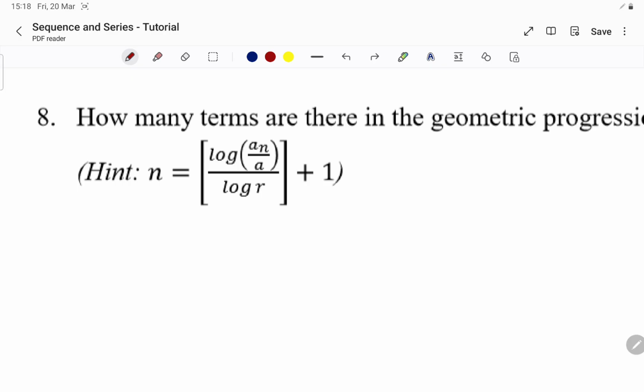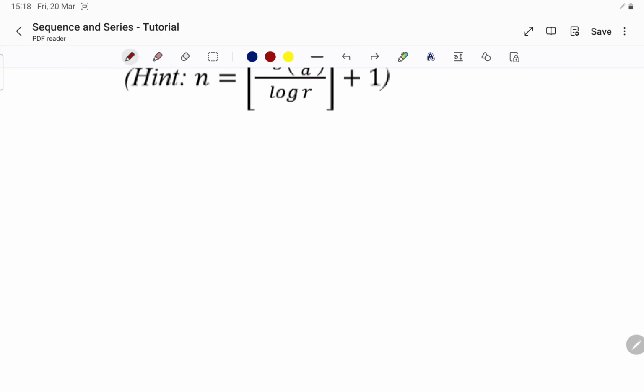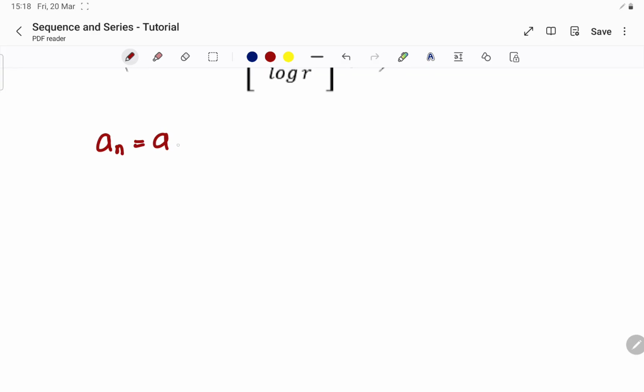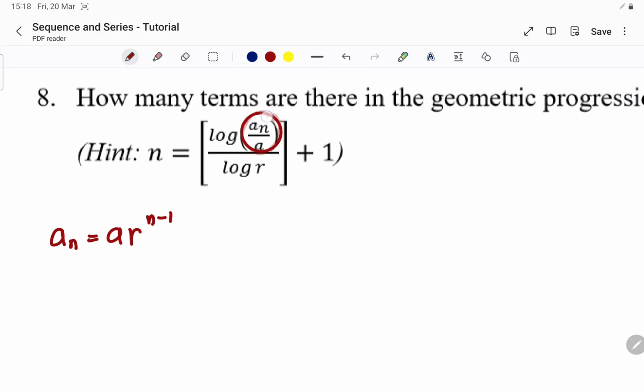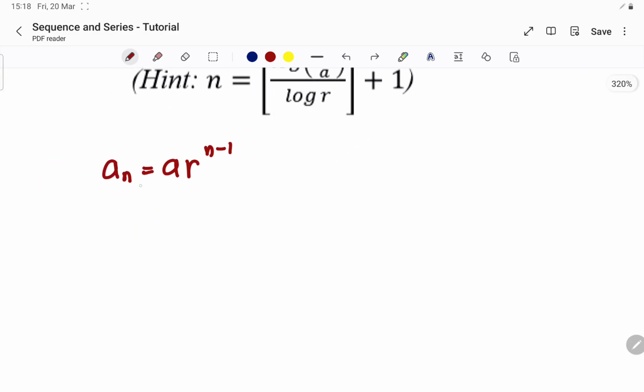But what you have to do is you have to know how to get n equal to log of an divided by a, divided by log r, plus 1. Okay, how to get this? The first step is, we have the formula for an. An is equal to a multiplied with r to the power of n minus 1. And since we want to make it in the form of an divided by a, you can bring a to the left side.